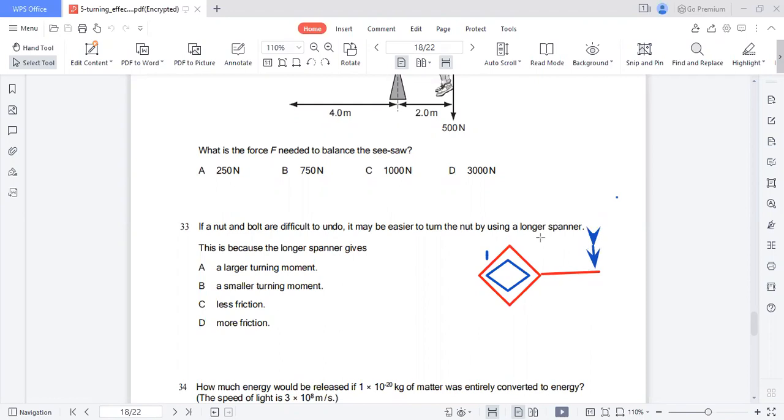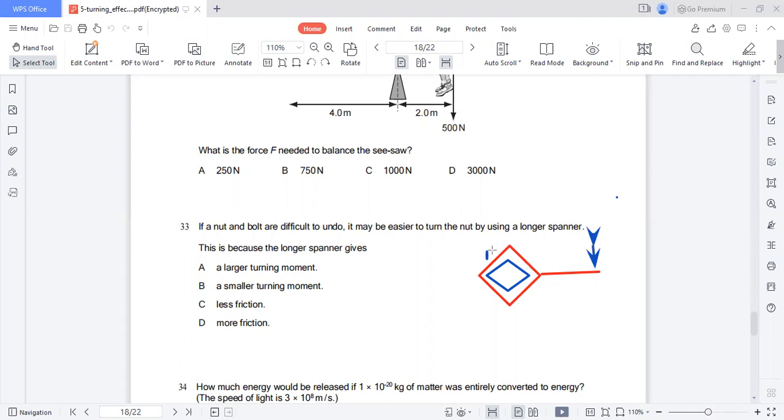There would be a movement in it because force and distance are perpendicular to each other. Then there would be a turning effect in the spanner. That turning effect will try to turn the nut and bolt as well. If the spanner is small, the rod is small, more force is required because the turning effect for a nut and bolt is constant.